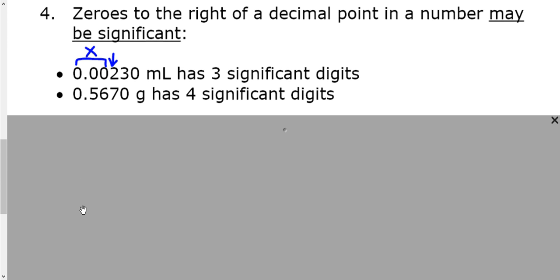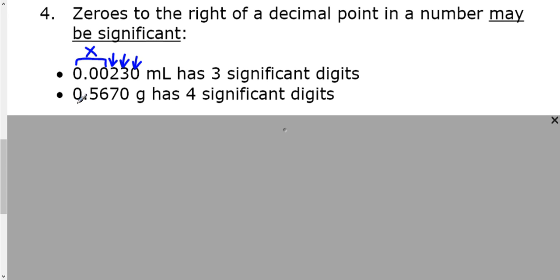These ones here do not count as being significant. But if they are to the right of a number, so we have 2 and 3, and then look at this to the right, we have a 0, then it's going to be significant. So this one, and this one all count. 1, 2, 3. So that one has 3 significant digits.